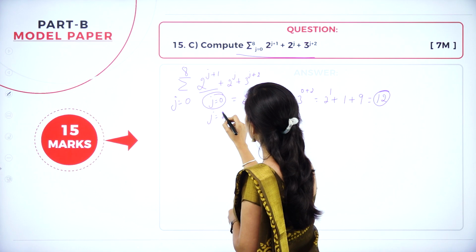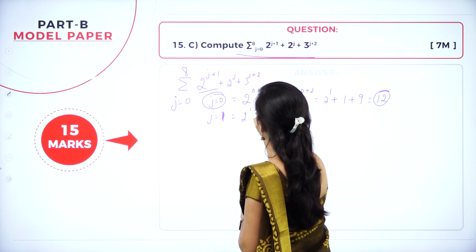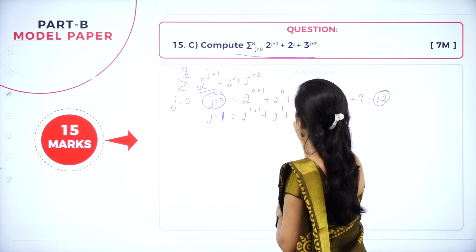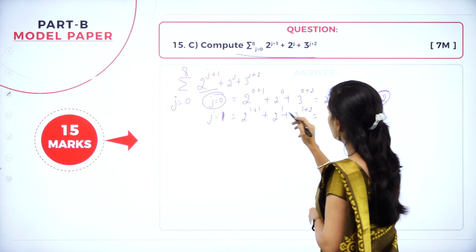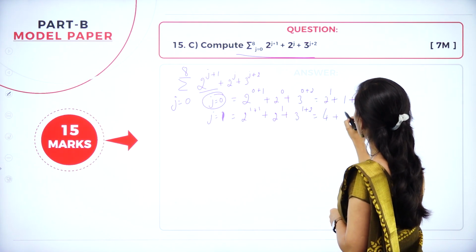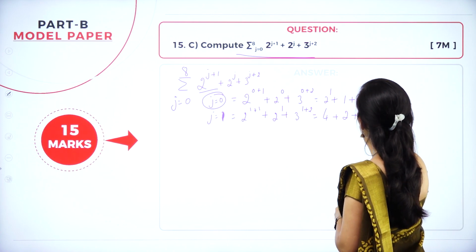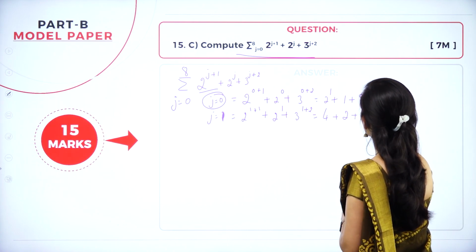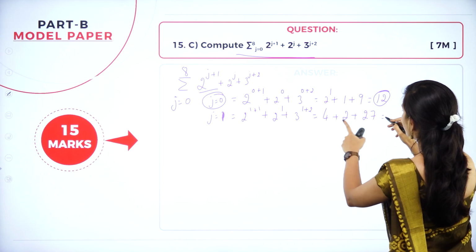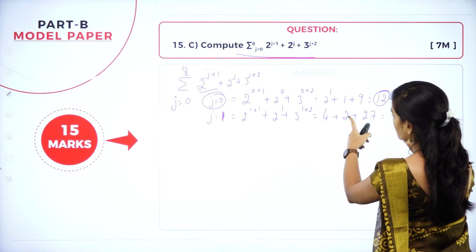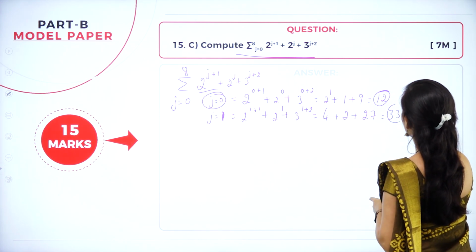So if j value is 1, 2 power (1 plus 1), 3 power (1 plus 2). So 2 power 2 is 4, and 3 power 3 is 27. So here 27 plus 4 is 31, 31 plus 2 is 33.